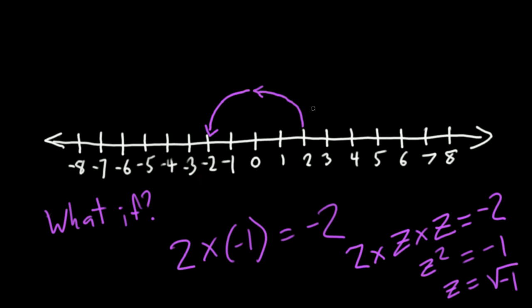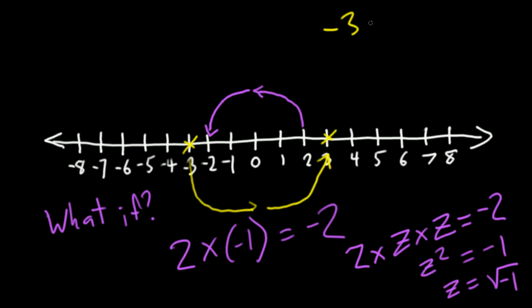At some point in your mathematical career, somebody might have told you that there's no such thing as the square root of -1, but we seem to have just discovered it here. Let's try a different one. Let's try starting at -3. If we start at -3 and rotate a quarter of a turn, and then rotate a quarter of a turn again, we should end up at +3.